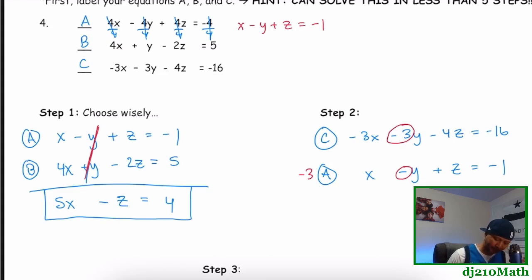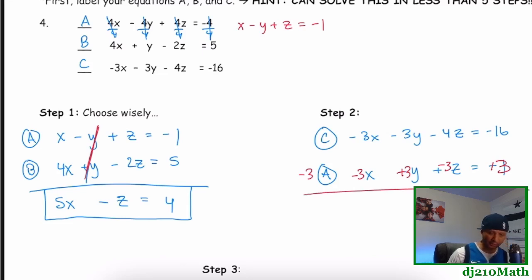So when I multiply -3 times through, I'm going to get -3x. This is going to be +3, because negative times negative is a positive. And then this is going to be -3. And then this is going to be -3 times -1, which is +3.